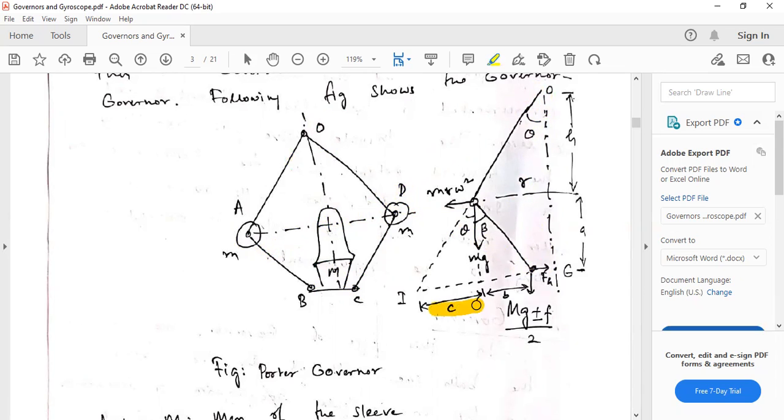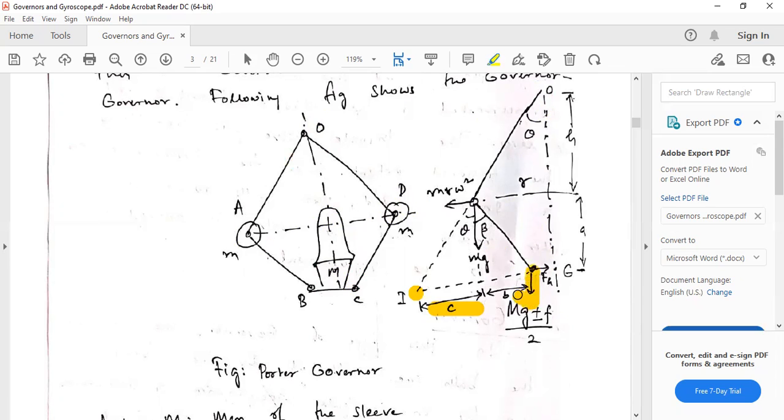Also this length c is the length from an imaginary point I, which we get by virtually extending the arm and virtually drawing a horizontal line from the sleeve position here. So c is the distance from this point to the line of action of the weight of the balls, and b is the further distance from the ball weight force to another force.